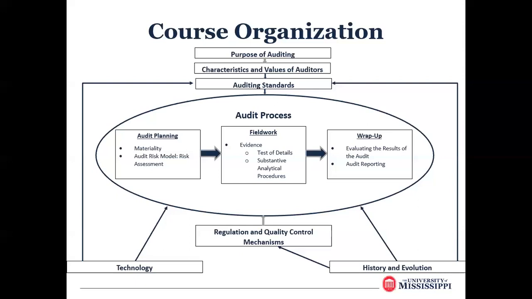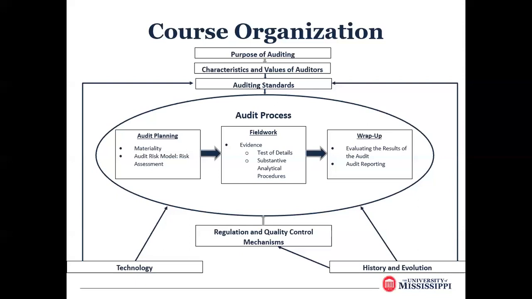Okay, and so in general, the flow of this course is going to follow this diagram. We're going to first think about the purpose of auditing and the characteristics and values of auditors. We're going to talk about audit standard setting, and then as part of thinking about audit standard setting, we're going to consider the influence of technology and history and evolution.